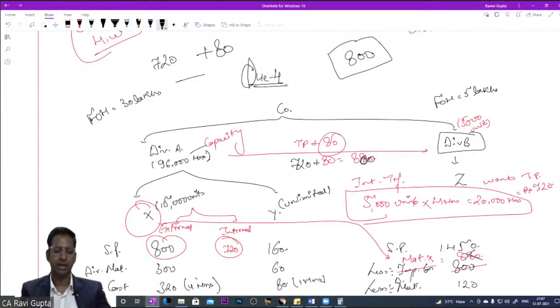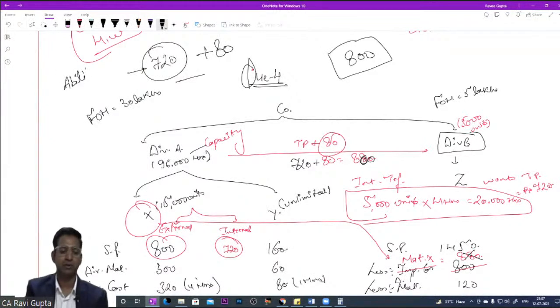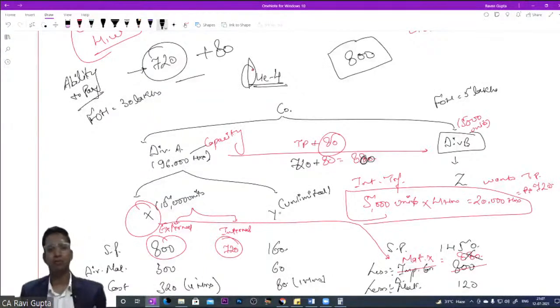Bhargavi, here we need to set my ability to pay. Here it will be 720 rupees. See, why would I be paying 800 rupees and then incurring 80 rupees? I can directly purchase that component from the outside market at 800 rupees and use it. Why should I pay 800 rupees first and then incur a further 80 rupees in modification?